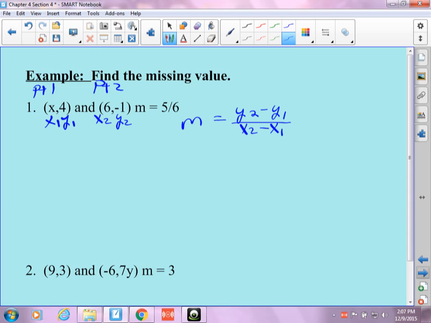What this is getting at is I've got a slope and I've got some ordered pairs, but I got a piece missing on my ordered pair and I don't know what to do about it. I've got to figure it out. And they didn't give me a graph, so how am I going to figure this out?